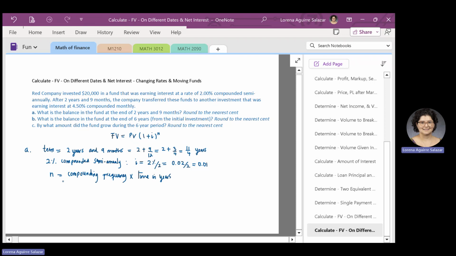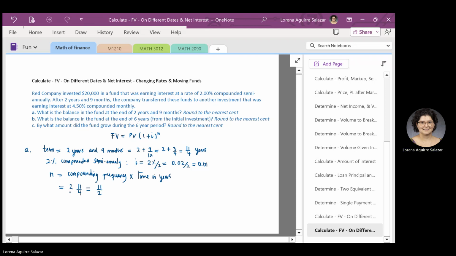And here the compounding frequency is 2 because interest is earned at a rate of 2% compounded semi-annually, and the time in years is 11 over 4. So we have that n equals 11 over 2.